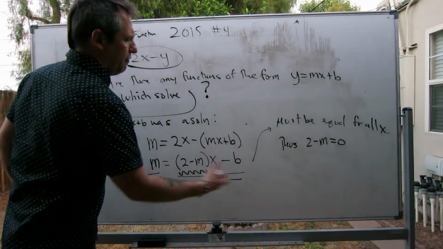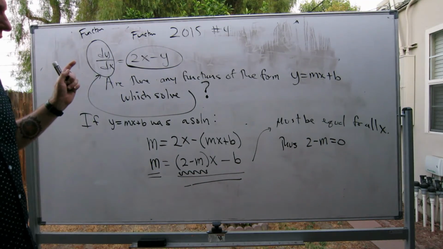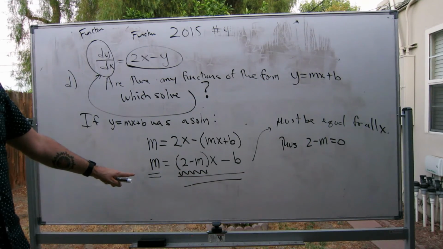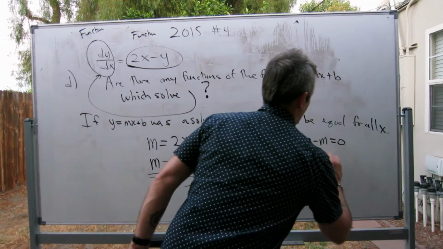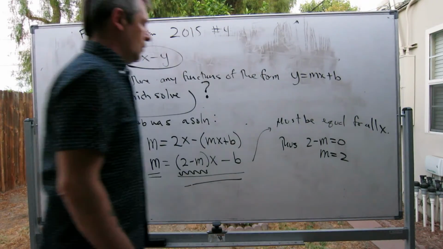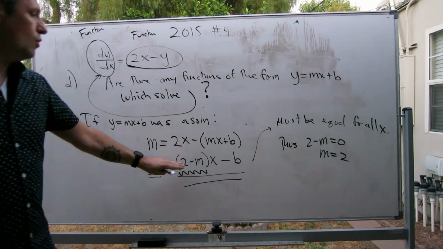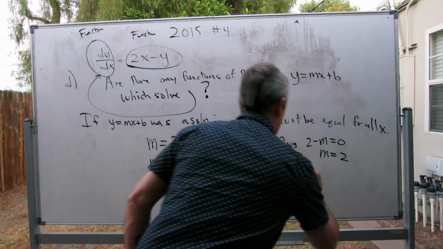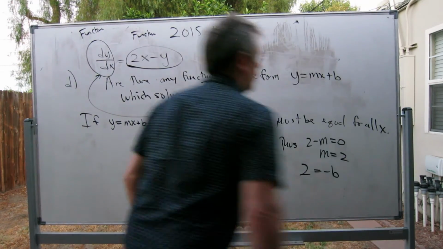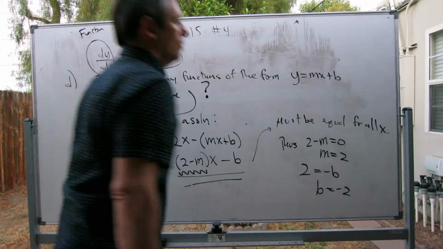Otherwise, I'm going to get different answers on the right-hand side of this equation for different x values, and yet on the left I see it's always supposed to be a constant. So from that, we find out that m has to equal 2. But now, if I plug back in here m equaling 2, look at what we get. We get that 2 equals -b. In other words, b equals -2.